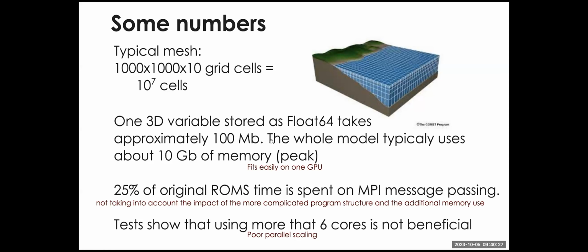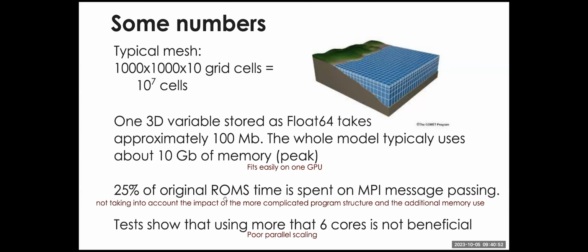So if you take into account all the variables used at the peak, that is typically 10 gigabytes of memory. So it fits easily in one of the more advanced GPUs that have like 40 or even 80 gigabytes. It fits easily. We can even run several models in just one GPU.